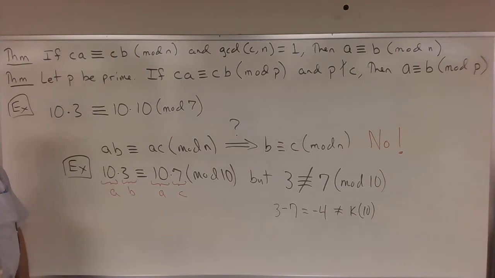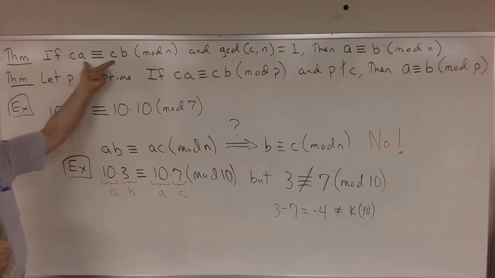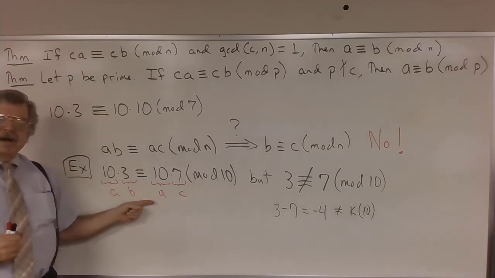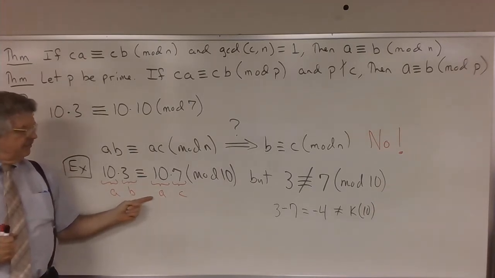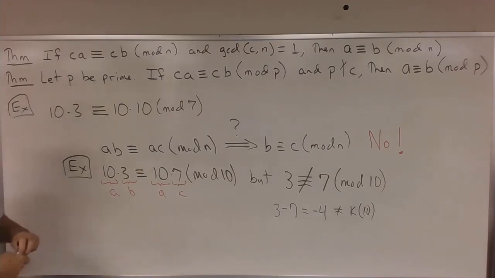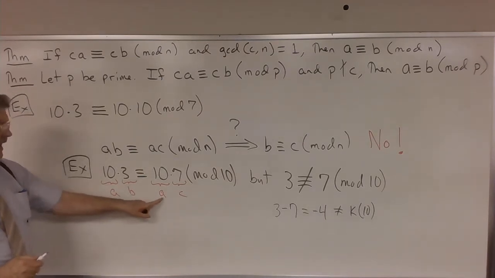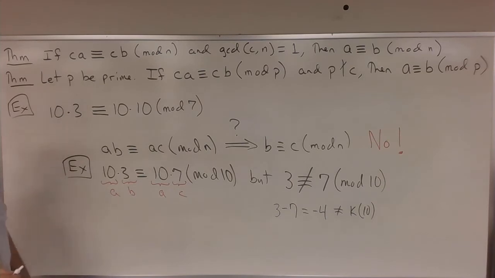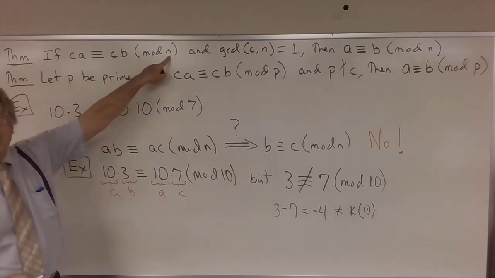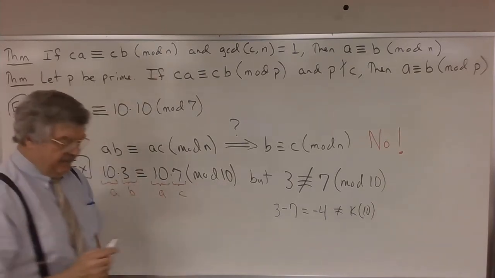Now, with that in mind, do we see why we couldn't cancel 10 here from both sides? 10 is our A, and what's our n down here?